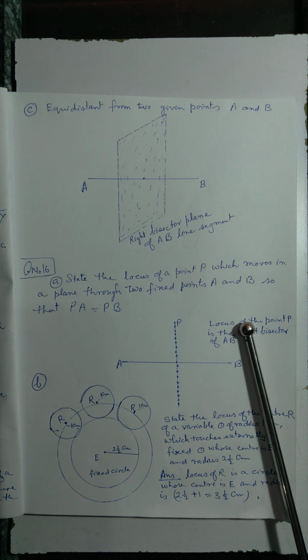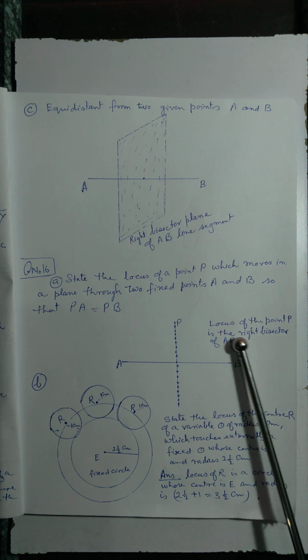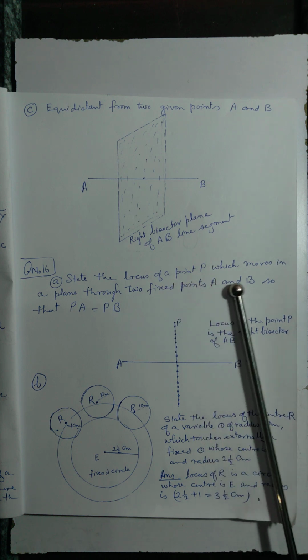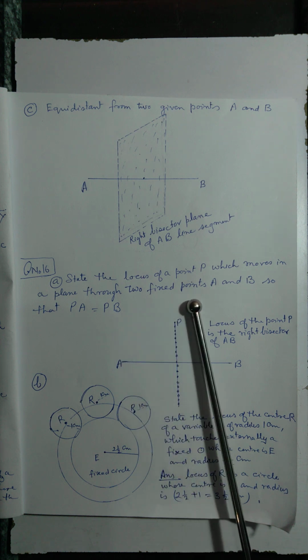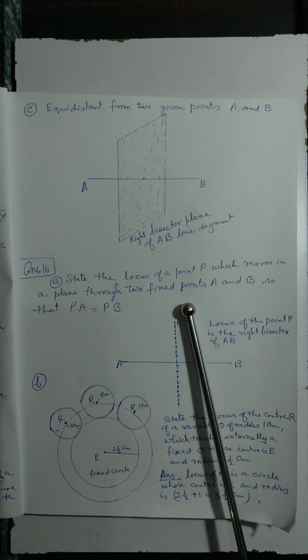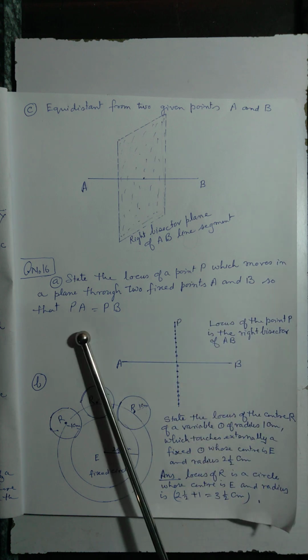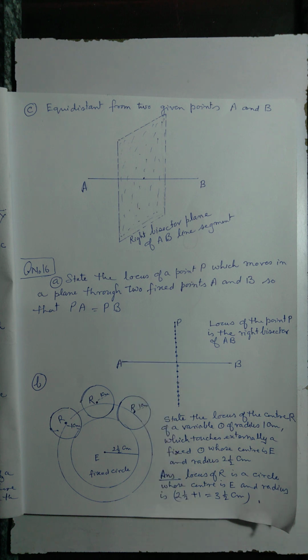Now come to the 16th part of it. State the locus of a point P which moves in a plane through two fixed points A and B so that PA is equal to PB. Okay, question number 16.